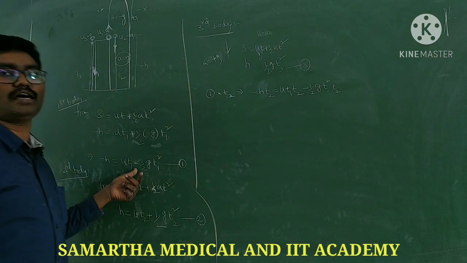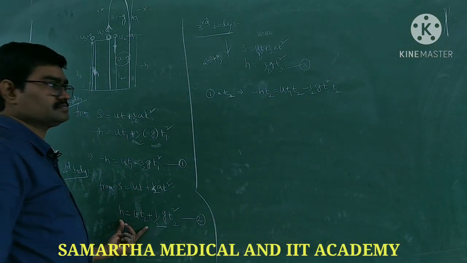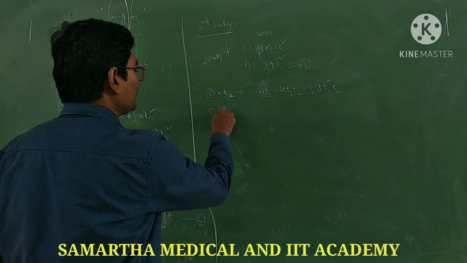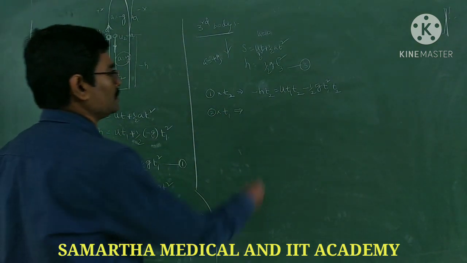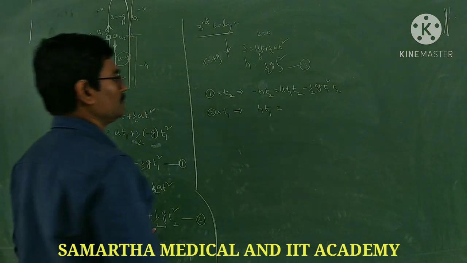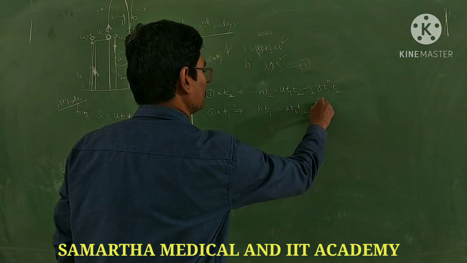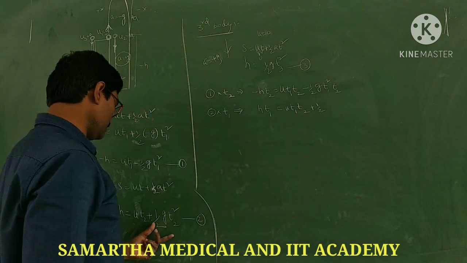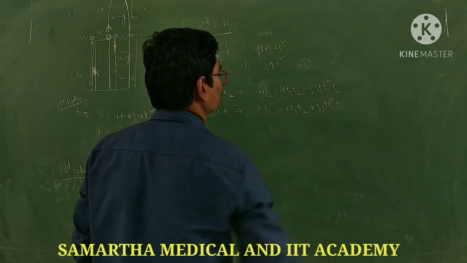Clear? Next, go to the second equation, which you multiply with t1. So h t1 is equal to u t1 t2 plus half g t2 square into t1.